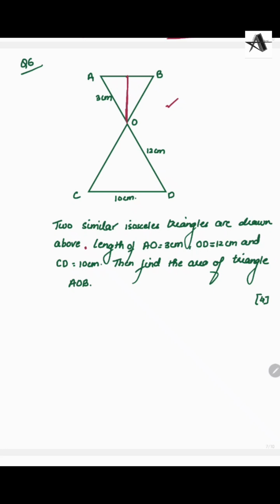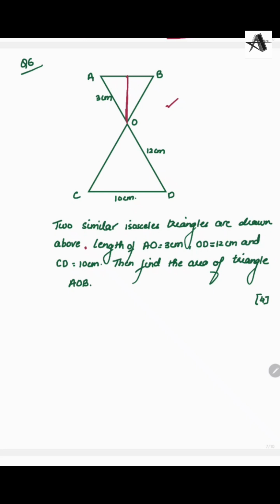So AO is 3, OD is 12, AB and CD is 10. On cross multiplying, I'll get 30 over 12, which will give you 5 over 2, 2.5 centimeters. So AB comes out to be 2.5 centimeters, which is 1/4 of CD. To calculate the area of the smaller triangle, I should draw a perpendicular. If this whole is 2.5, this is a perpendicular bisector.